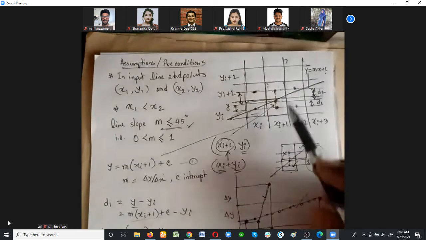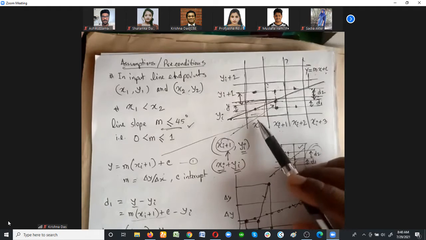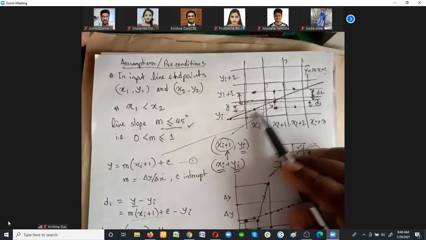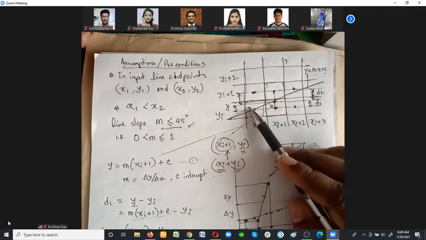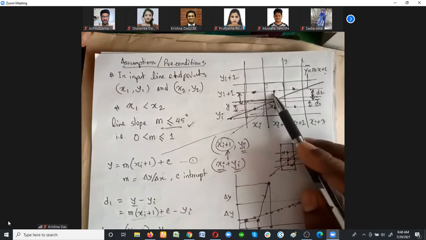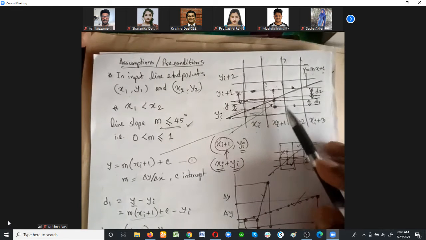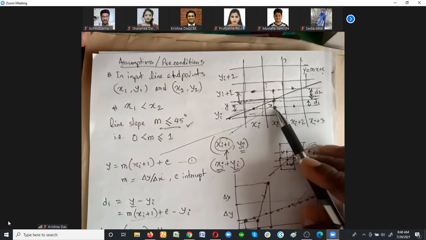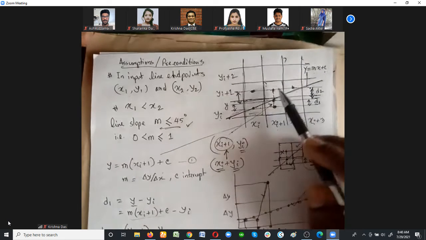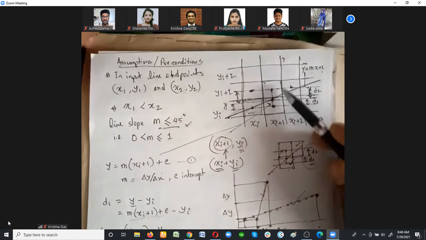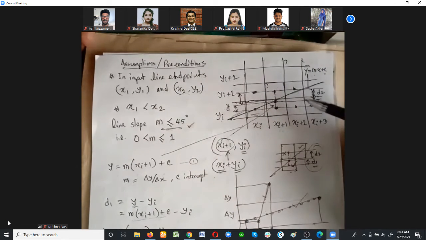With the naked eye we can see that the first pixel, xi, yi, has been selected, then out of the next two, xi plus 1, yi and xi plus 1, yi plus 1, which one should be considered?